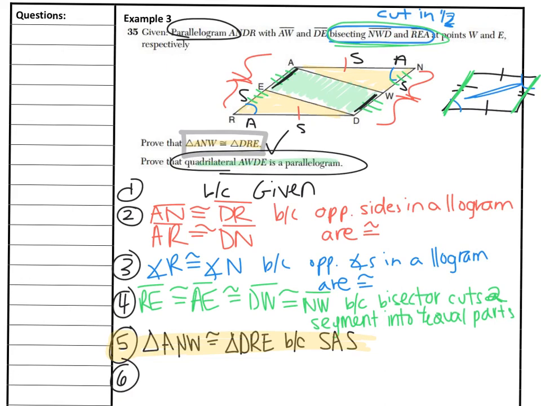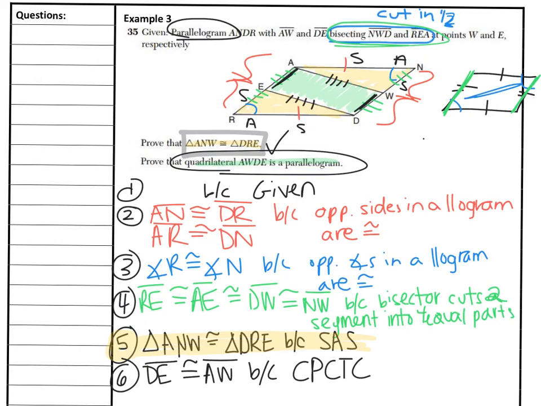Because those other pair of opposite sides that I'm talking about are here, I think I'm at 4 hash marks, and here. And they are within our yellow triangles, which means that they are also now congruent to one another because they correspond and they're in congruent triangles. So DE is congruent to AW. And this is because of that 5-letter reason CPCTC, since corresponding parts of congruent triangles are congruent.